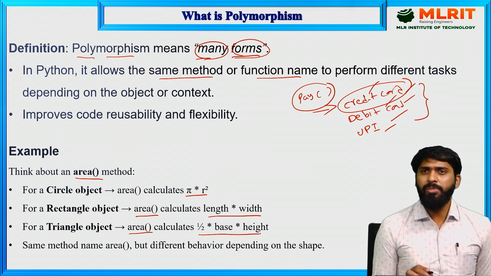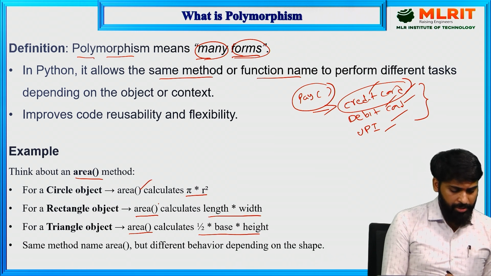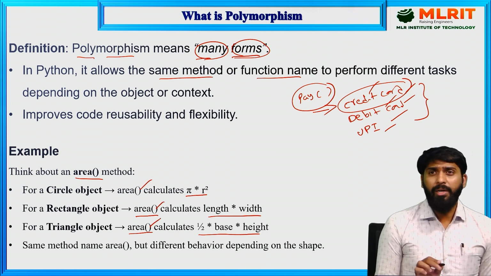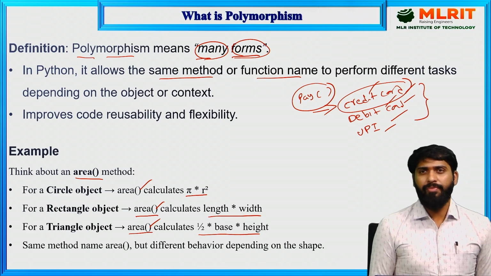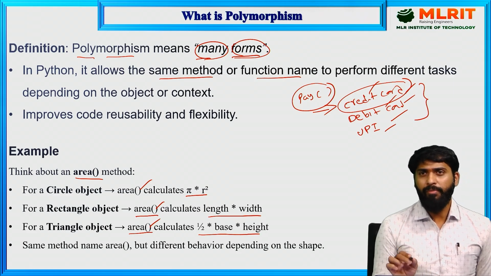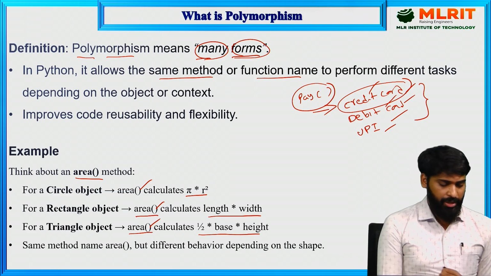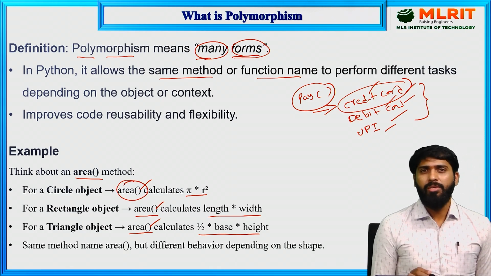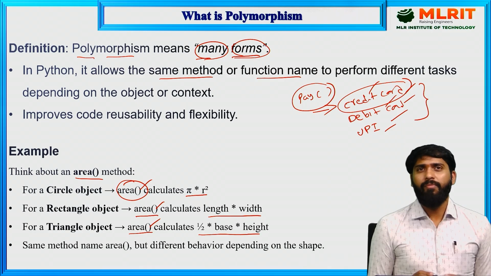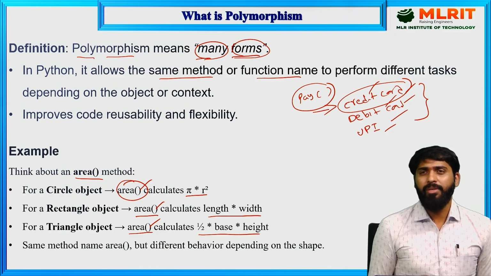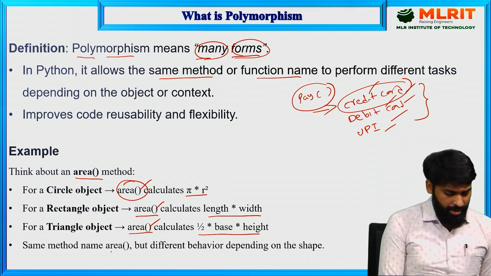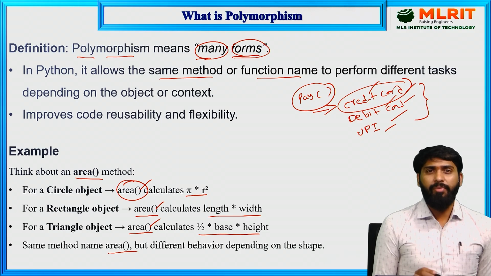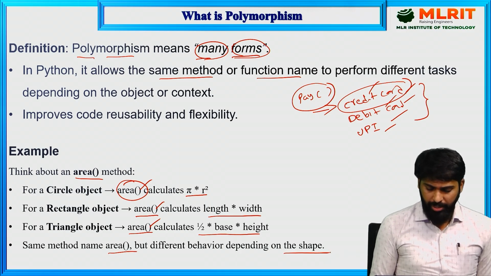If you observe here, all the function names are area only, but the functionality is different. Many forms. The function name is area, but it has many forms. This type of behavior we call polymorphism. In this example, same method name area, but different behavior depends on the shape.